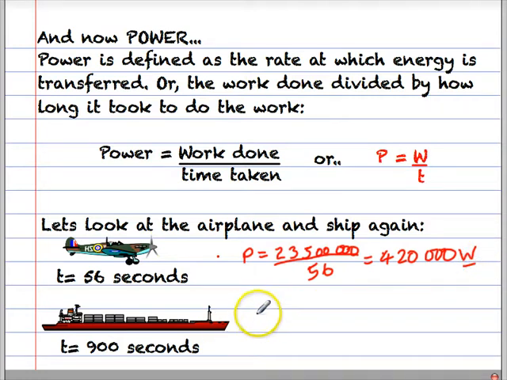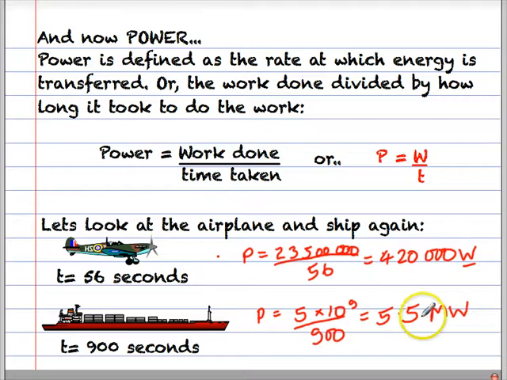For the ship, we have power is equal to 5 billion, 5 times 10 to the power of 9, divided by 900 seconds, which equals about 5.5 million, or mega, watts. So as you might guess, far more power. The ship requires far more power to actually propel it along at the speed that it needs to go than the aeroplane needs.